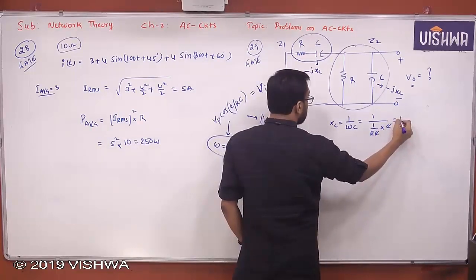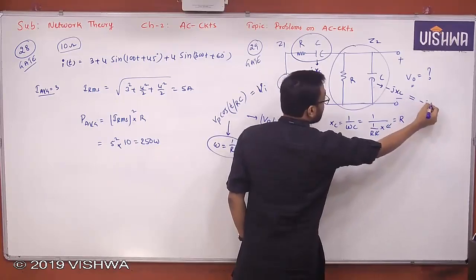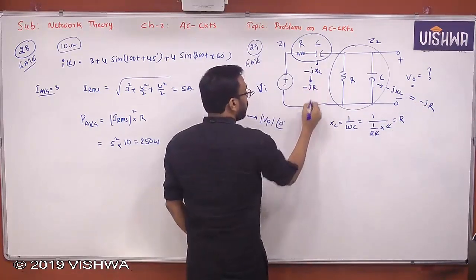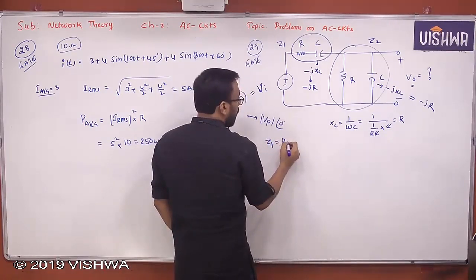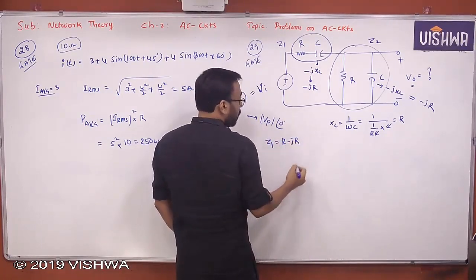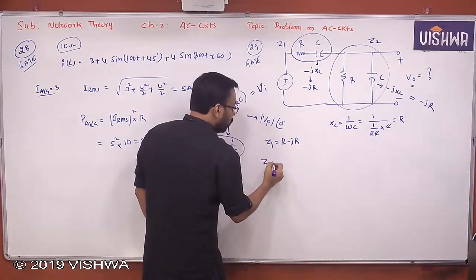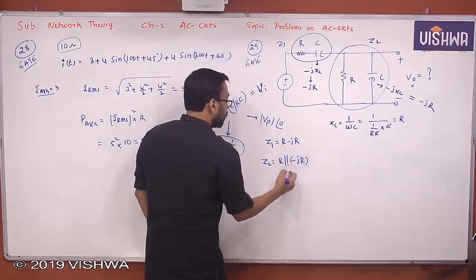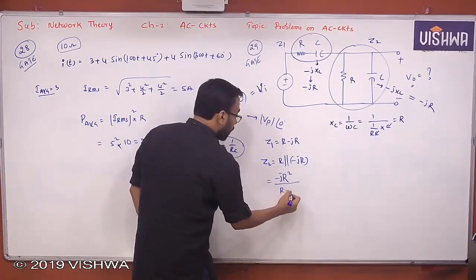C. That means Xc value is R. That means this becomes minus jR, this becomes minus jR. That means Z1 becomes R minus jR. Z2 becomes R parallel minus jR, that means minus jR square by R minus jR.